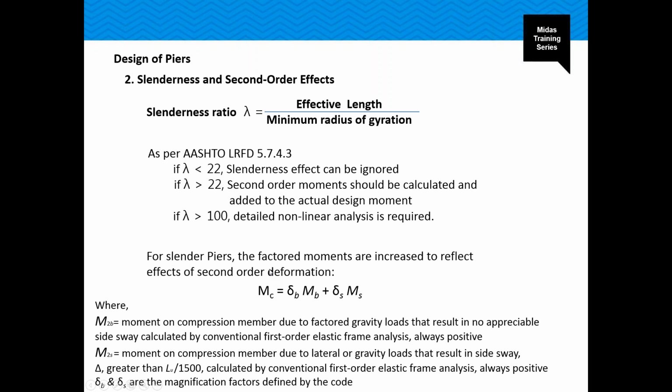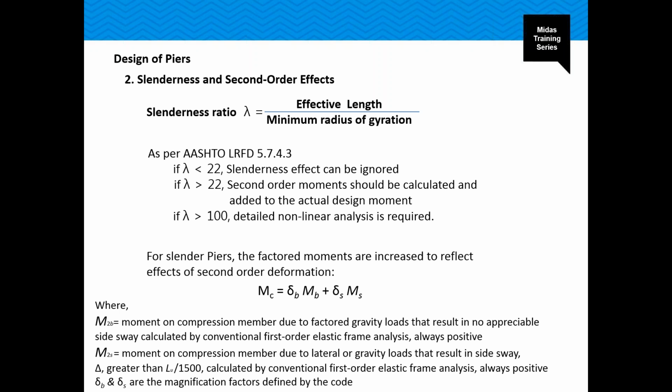So moving on. Again, a pier as a structural component is subjected to combined forces of axial, bending and shear. For a pier, the bending strength is dependent on the axial force, and the bending moment will be magnified by the axial force due to the P-delta effect, which is a second order effect. To consider the second order effect, we first have to calculate the slenderness ratio, which is nothing but the ratio of effective length of the pier divided by the minimum radius of gyration.